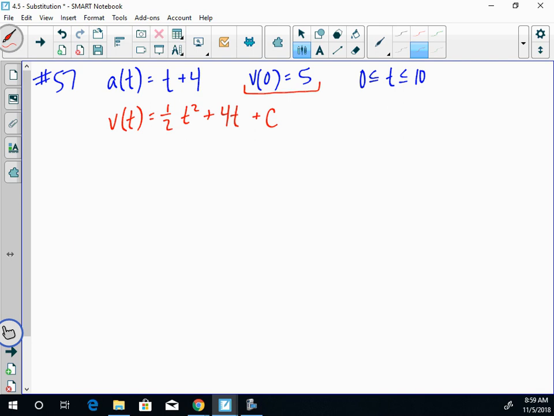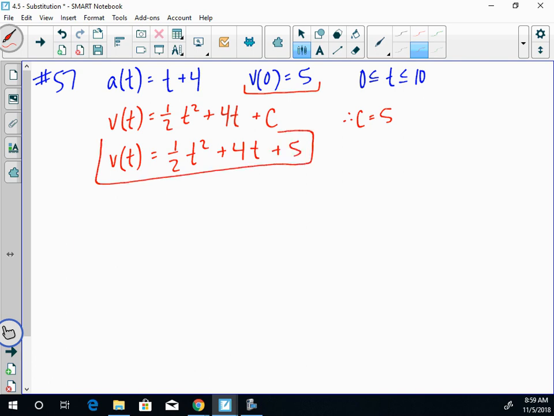Plug this in, right? And we can do that with mental math here really quick. If we plug 0 in for t, those go away. So we just have c on this side and 5 on that side. So c equals 5. So then our velocity at time t is just that, right? That look right to you guys?